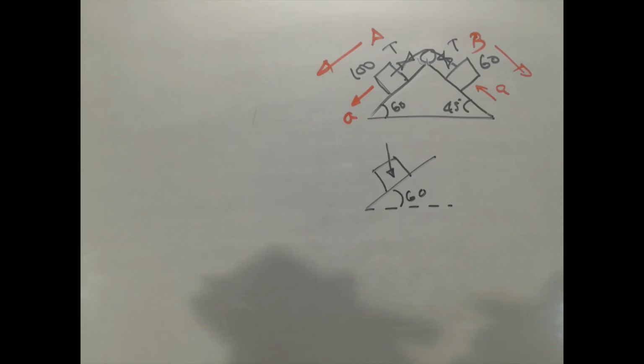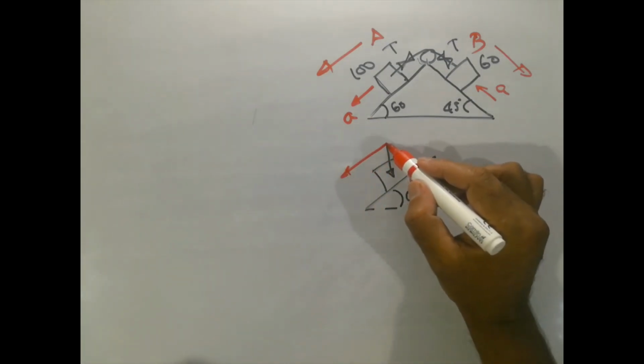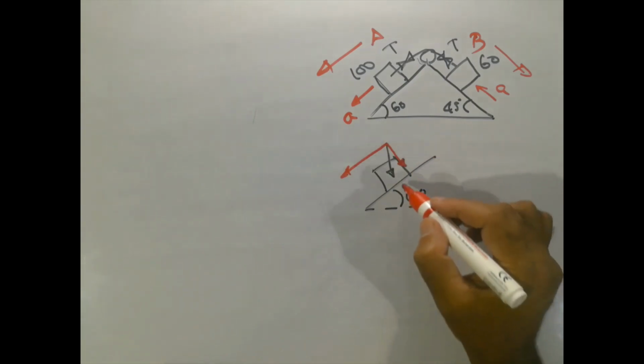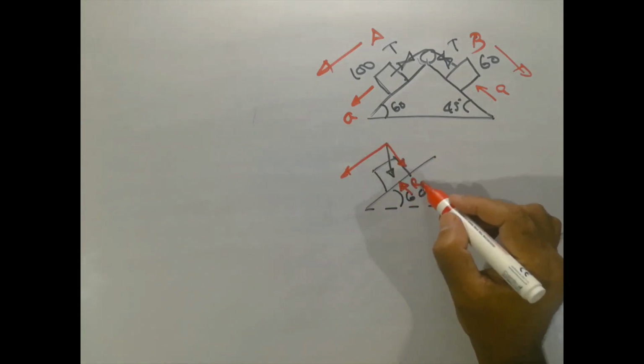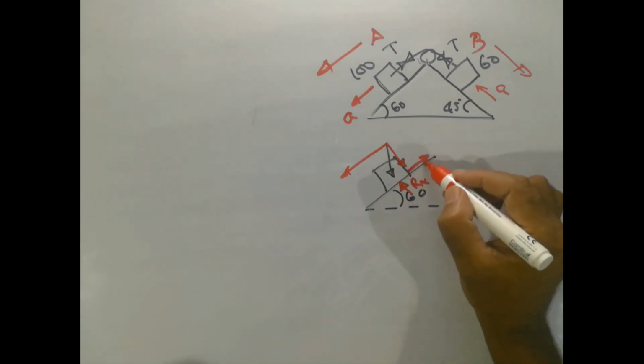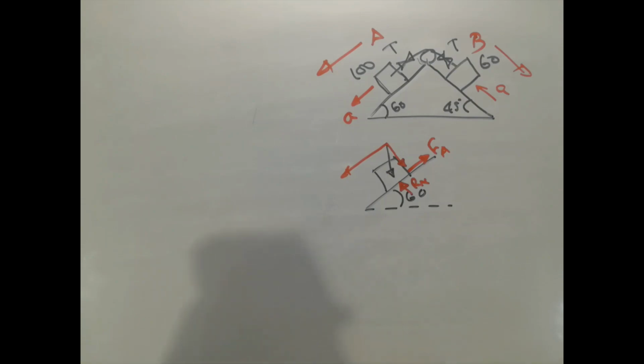The forces acting on the block are the components of the weight, the normal reaction Rn, and the friction between block A and the plane, Fa.